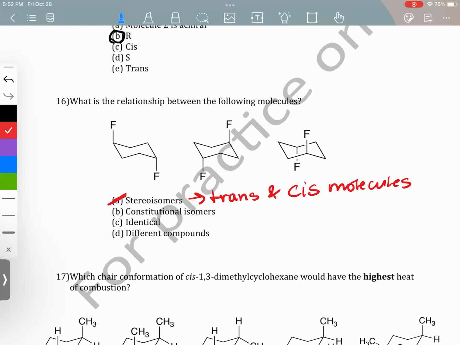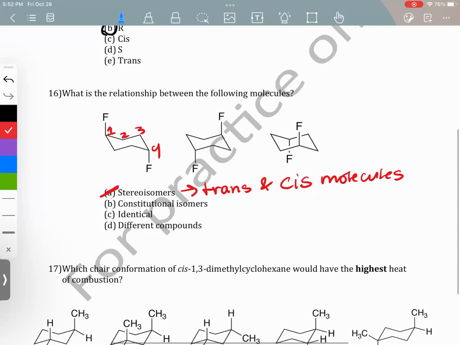What about B? Can they be constitutional isomers? No. If you number your carbons accordingly to where the substituents are, you will see that both fluorines actually fall on the same carbons. So on the first one, 1, 2, 3, 4.